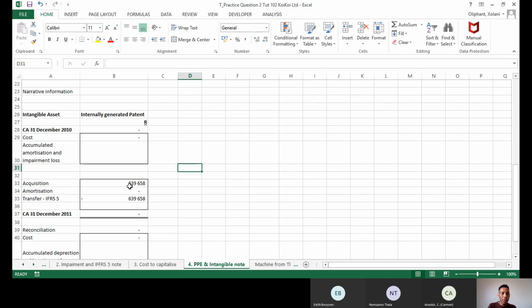Fine. Now, remember, this internally generated intangible was acquired during the year. Let me just confirm quickly if that's the case. When was it acquired? I'm going back to the scenario.